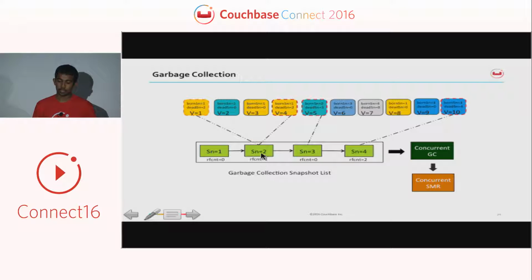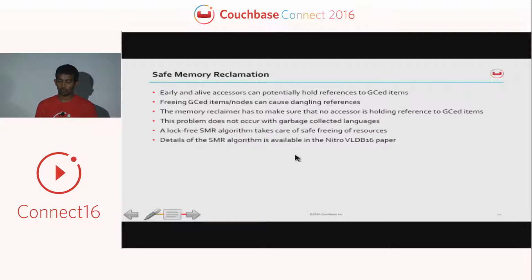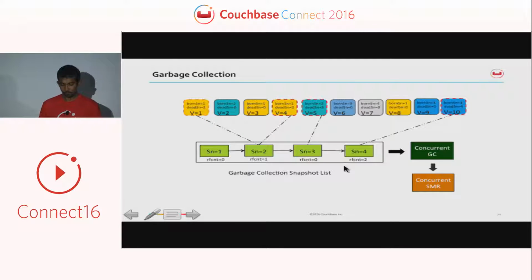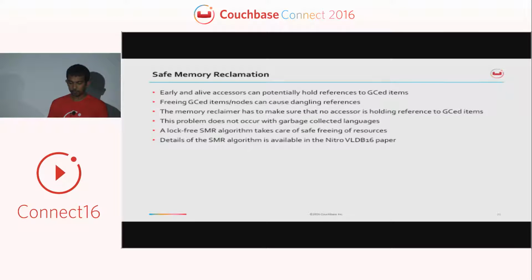We have to wait until all the readers for snapshot 2 go away. That means garbage collection has to be performed in sequential order of snapshot numbers. Once garbage collection is performed, we send those items into the concurrent memory reclaimer. The memory reclaimer is the memory management part of the storage engine.